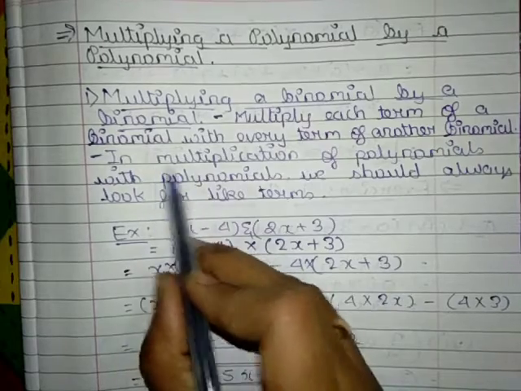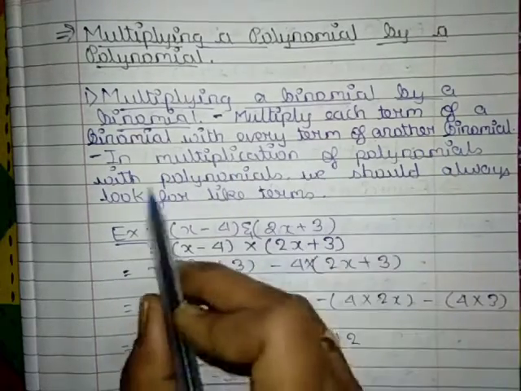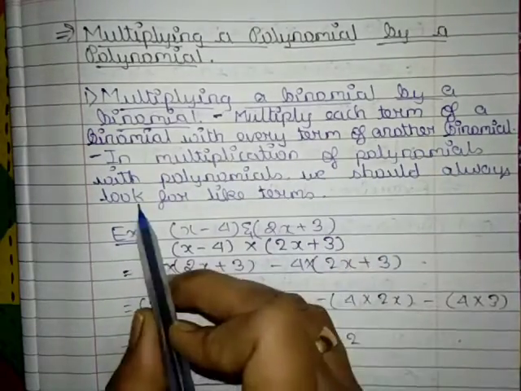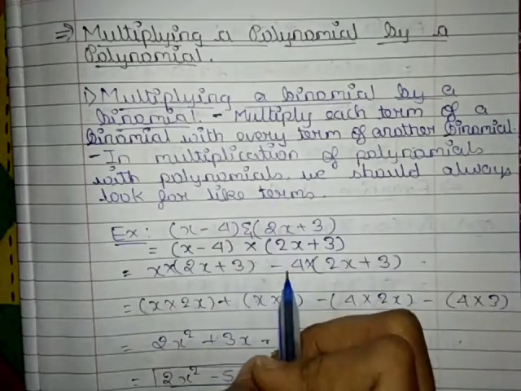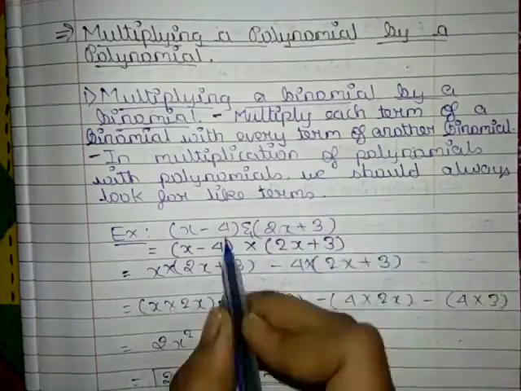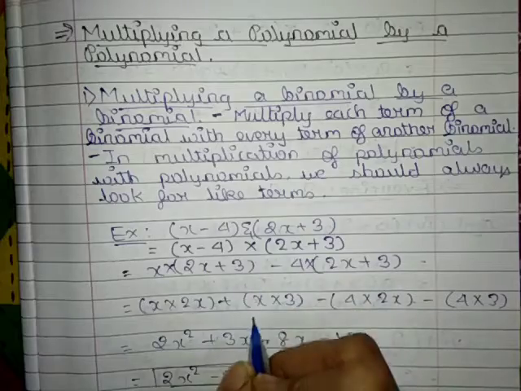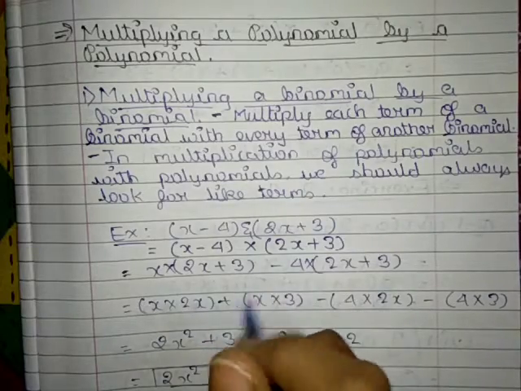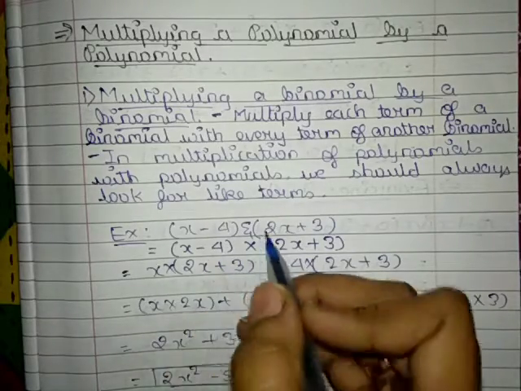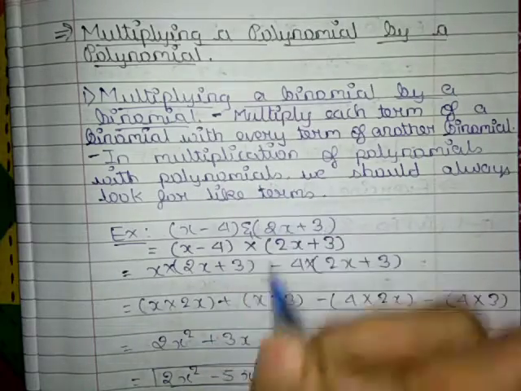The second point is, in multiplication of polynomials, we should always look for like terms. After this procedure, we have to look for the like terms, and like terms we will add based on their variables and powers.